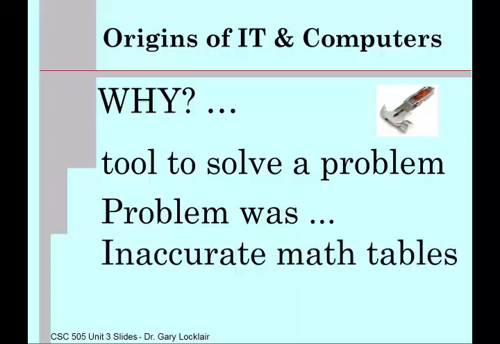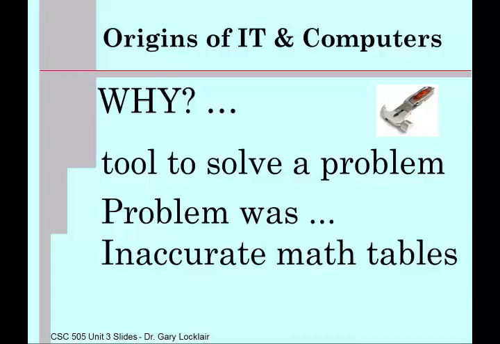Now, in the 19th century, if you're going to do complex arithmetic, there were some shortcuts. We didn't have calculators then, right? We didn't have computers then. So there were some shortcuts, and one was a logarithm. A logarithm is a way to multiply by just adding values rather than going through the process of multiplication. And to do this, you looked up things in a book.